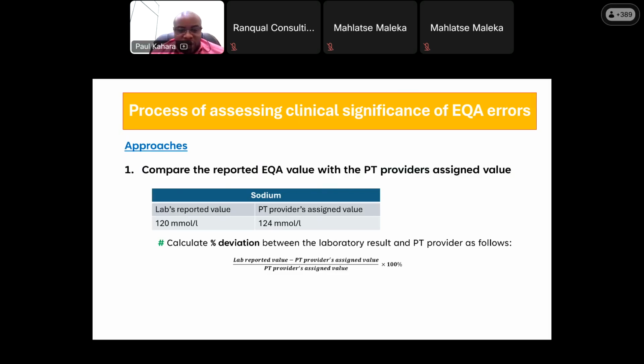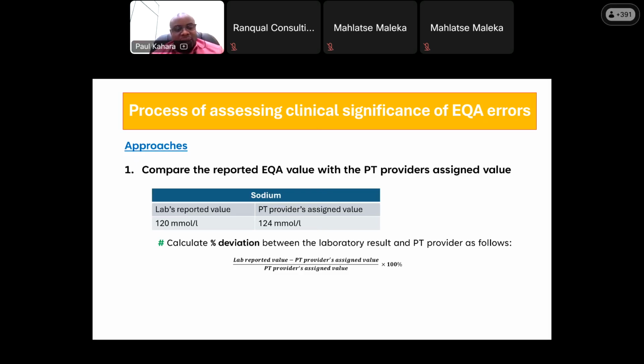For those of us that are already doing EQA, that may be easy to understand. For those who have not participated in quantitative EQAs, this is what happens. The EQA provider shares similar samples with different laboratories, and every laboratory gives out their values.